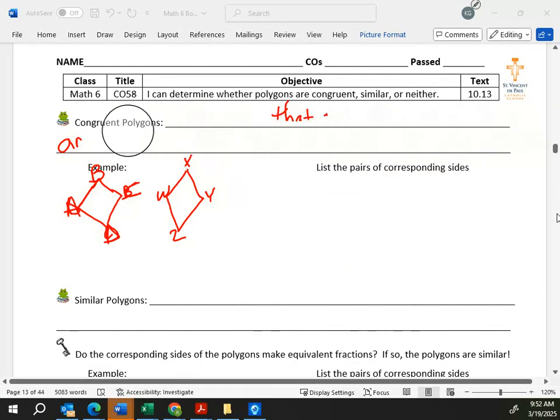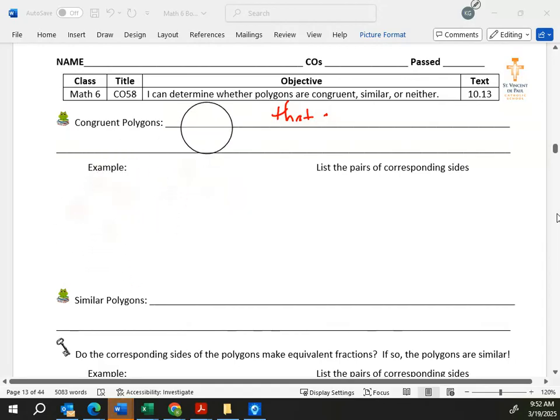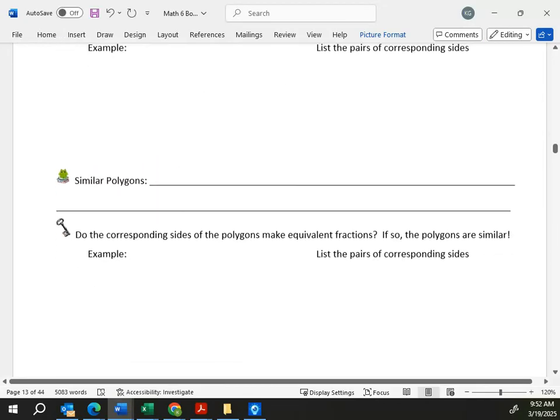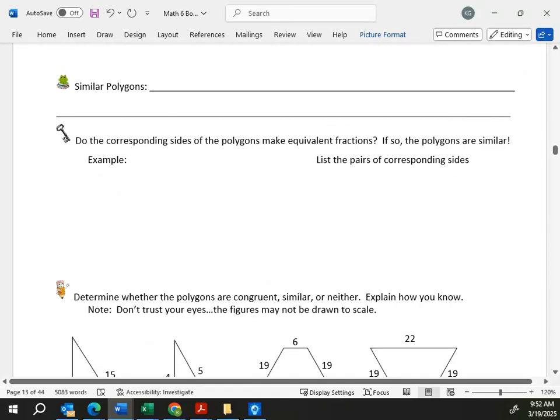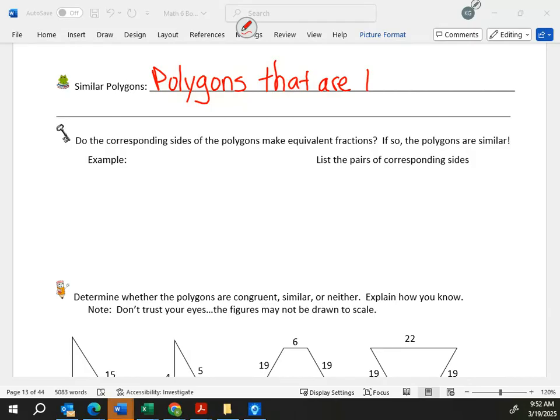Similar polygons are not quite identical. If they are similar polygons, they are polygons that are the same shape, but different sizes. So it's like we shrunk down or we grew that polygon.